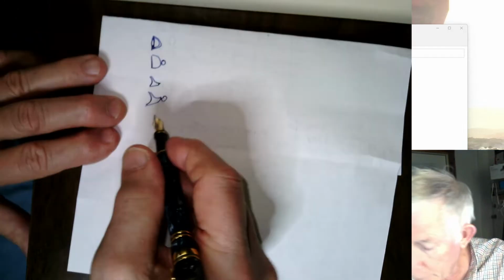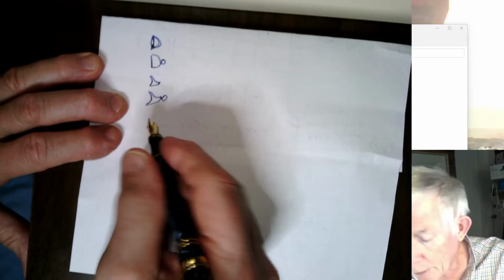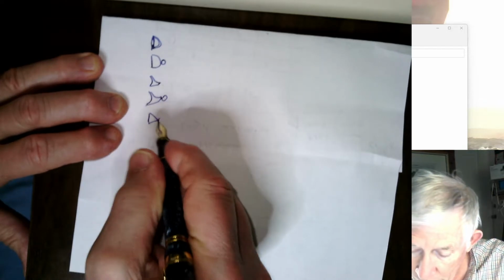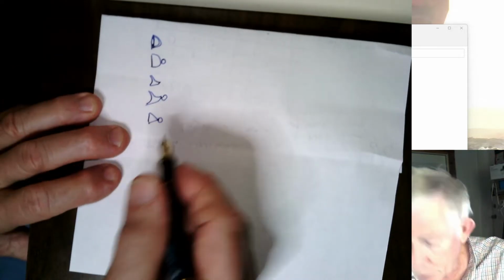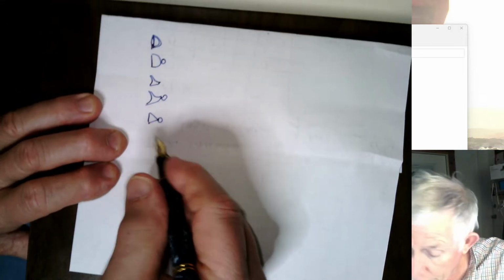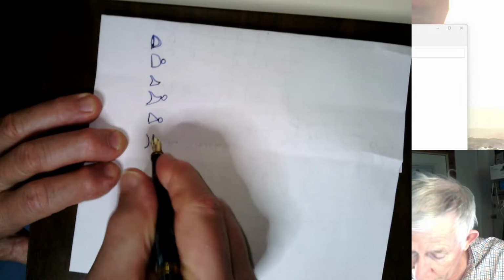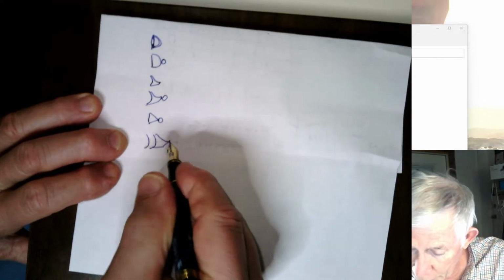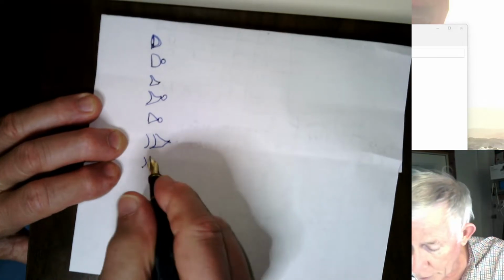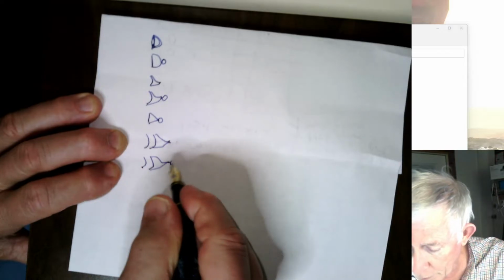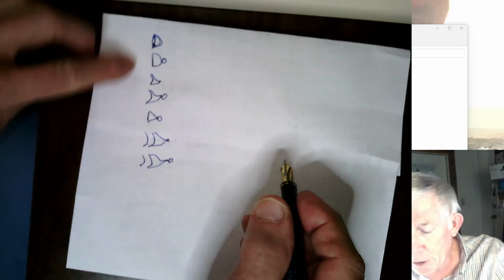And then we can also have an inverter, and we don't have an alternate for an inverter. And then we can have an exclusive OR gate, which we're really going to get to later. And then we can have the exclusive NOR gate with an inverter on it. So those are our basic gates.